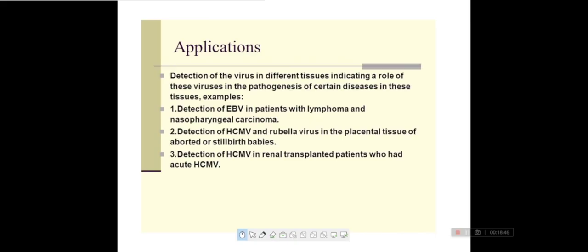Detection of CMV and rubella virus in the placental tissue of aborted or stillbirth babies. Detection of CMV in renal transplanted patients who had acute HCMV. These are the applications of immunohistochemistry.